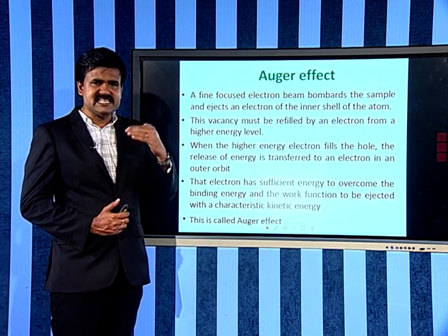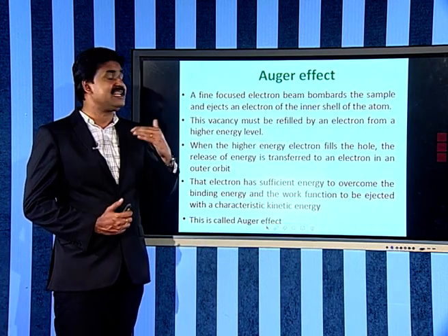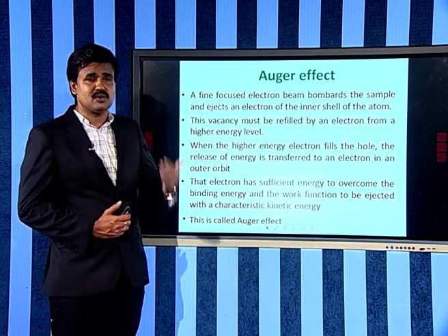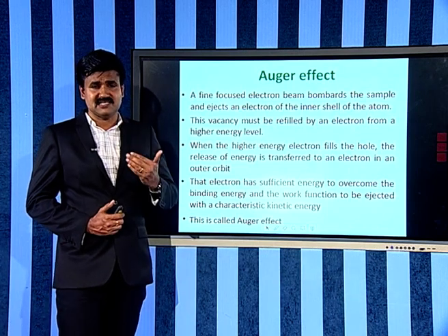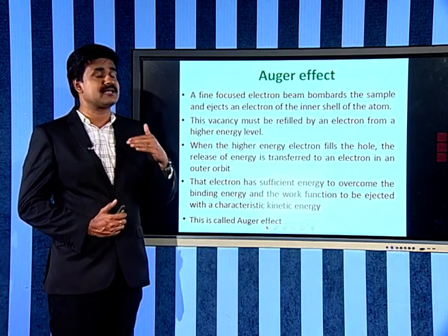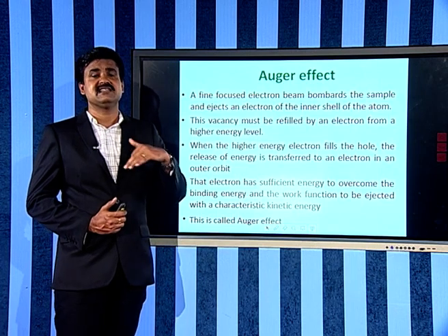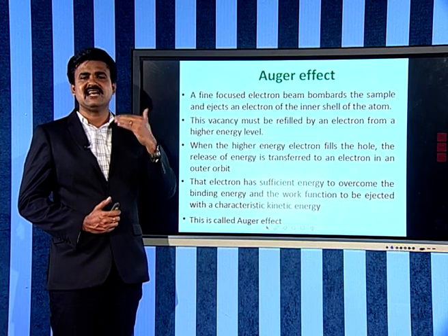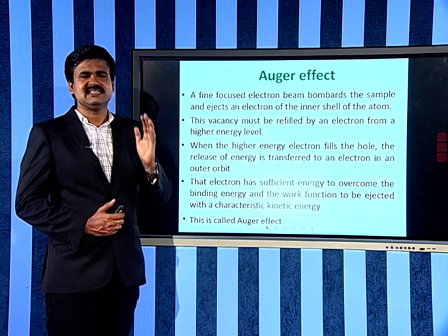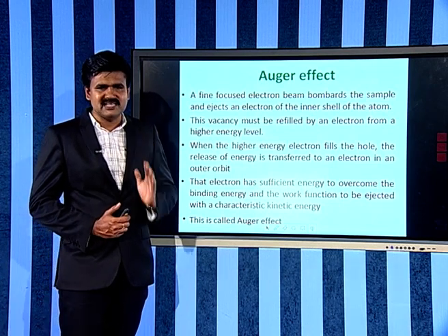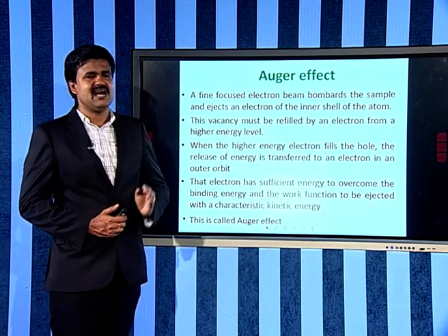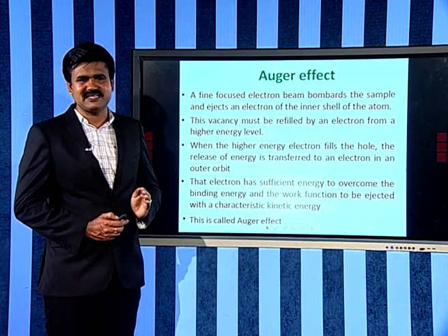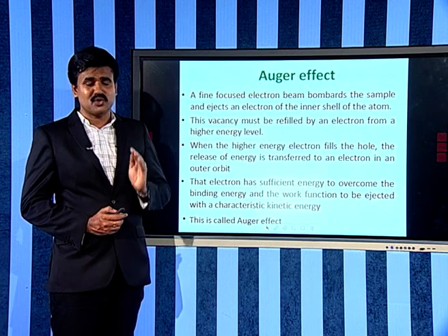That energy is transferred to an electron in the outer orbit. That electron has sufficient energy to overcome the binding energy, and the work function of the electron is overcome, and that electron is ejected. This secondary electron is called an Auger electron, and this effect is the so-called Auger effect.